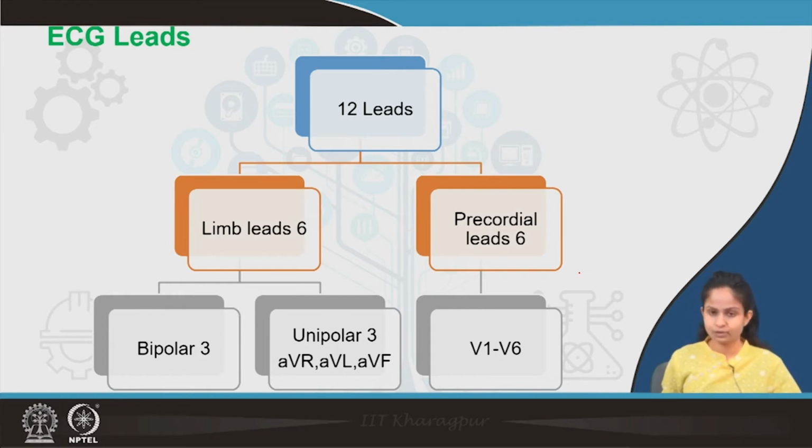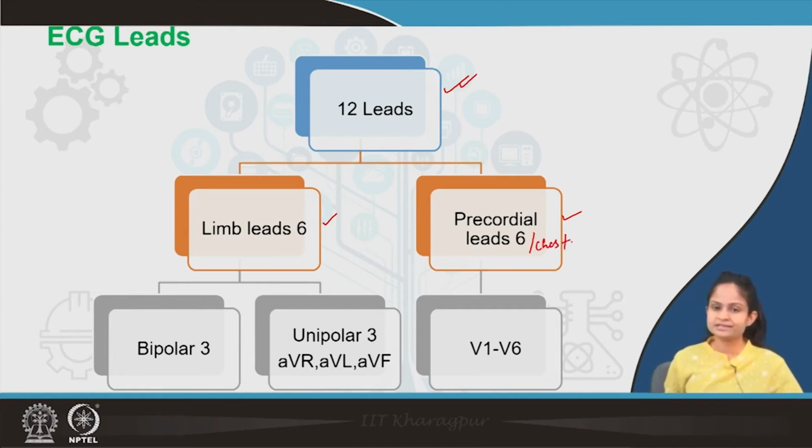The heart is present in the center as the current source, so how do we place the various electrodes, what are the reference points? Generally we do a 12 lead ECG. In the 12 lead ECG, we have 6 limb leads and 6 precordial or chest leads. These precordial leads are nothing but the chest leads.